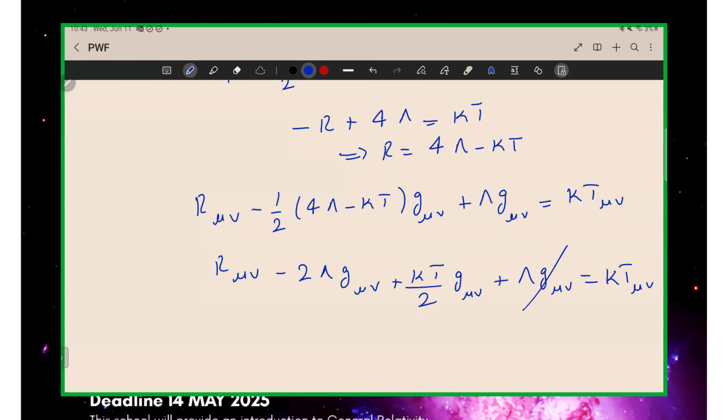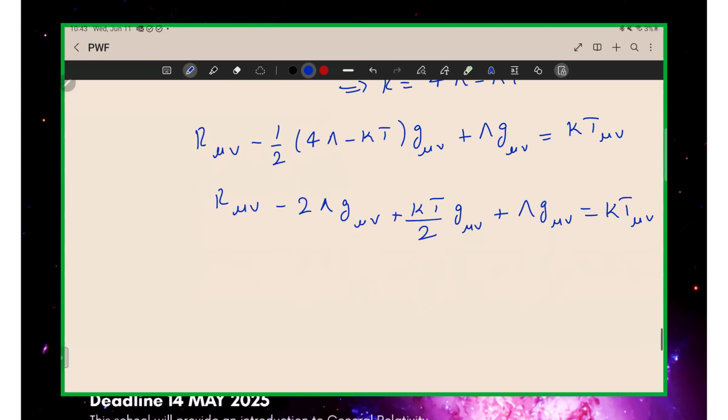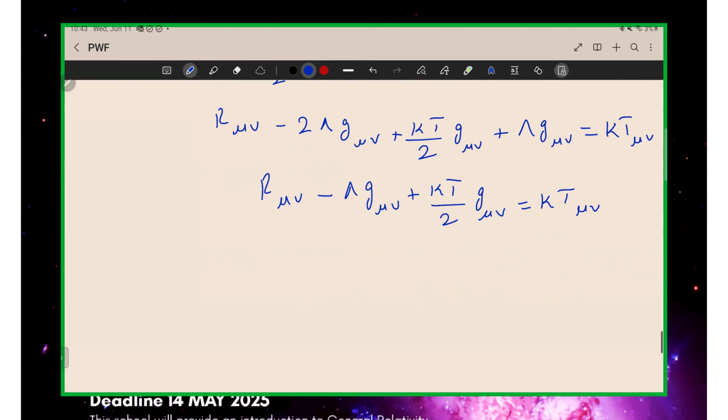Now you can see that you have these two terms, this term and this term. They will simplify to give you minus lambda g mu nu. Okay. Now, if you take it on the other side, it will give you this thing. T mu nu minus T over 2 g mu nu, and then plus lambda over kappa g mu nu, right?